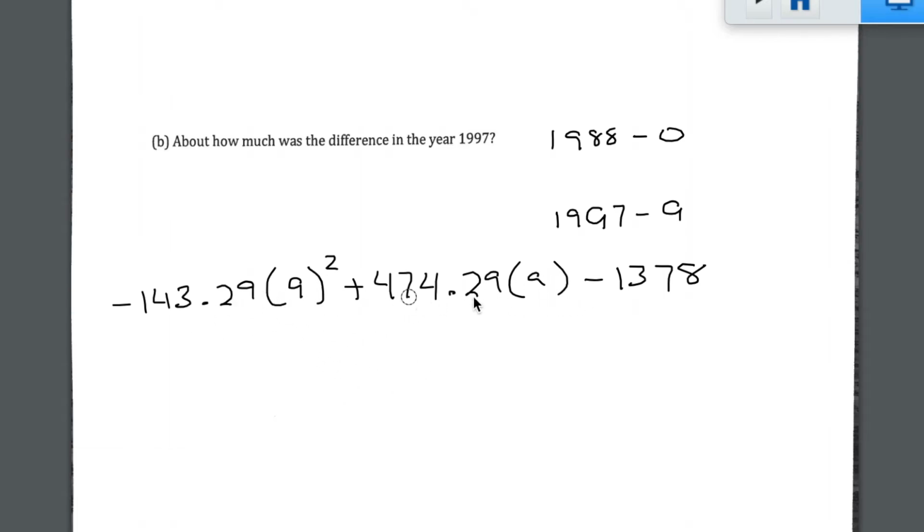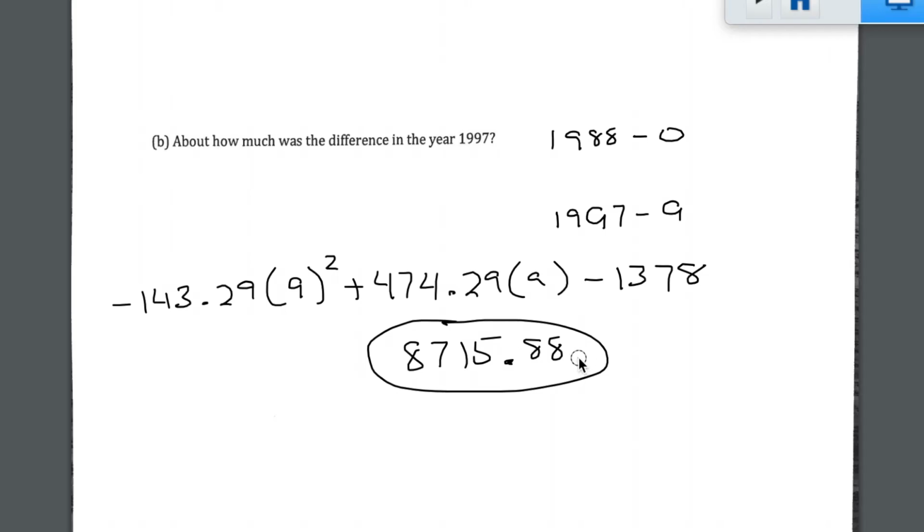You could evaluate each part individually, but what's going to happen, so this is 81 times this, 9 times that, and then you're going to be left with two negatives. I would combine them first and then subtract this, but lo and behold, $8,715.88 is the difference between the car and the motorcycle.